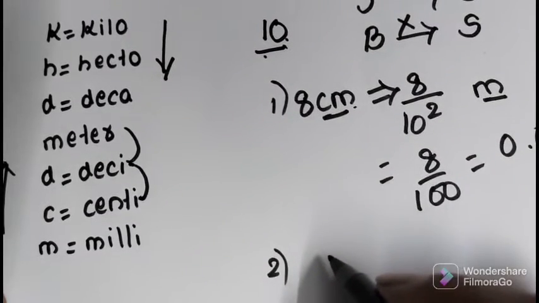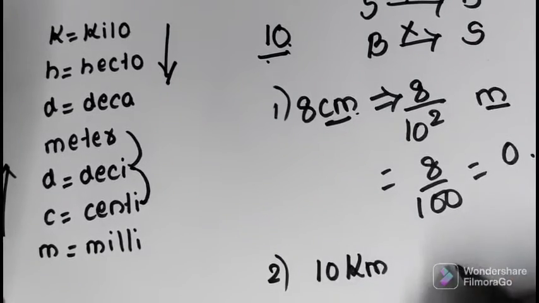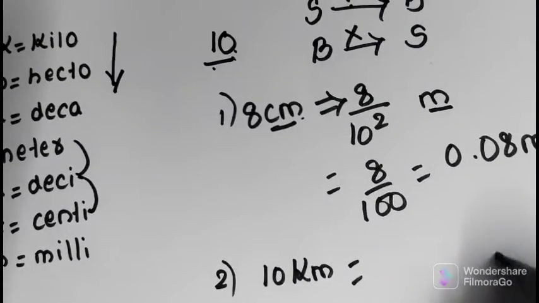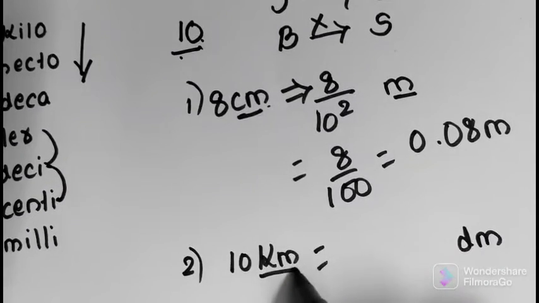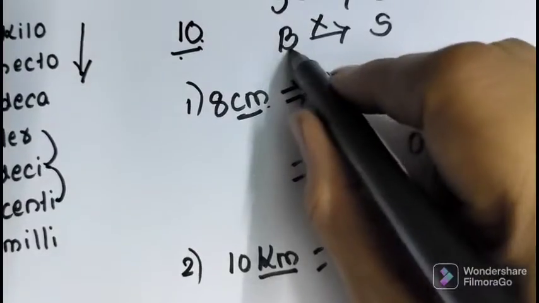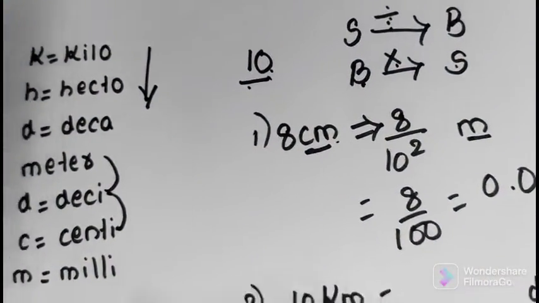Let's start with another example. Let me take 10 kilometers, and you are supposed to convert it into decimeter. How are we going to do it? It is just the opposite. Here we have a bigger unit to a smaller unit, so you have to multiply. By how many times? Just count it.